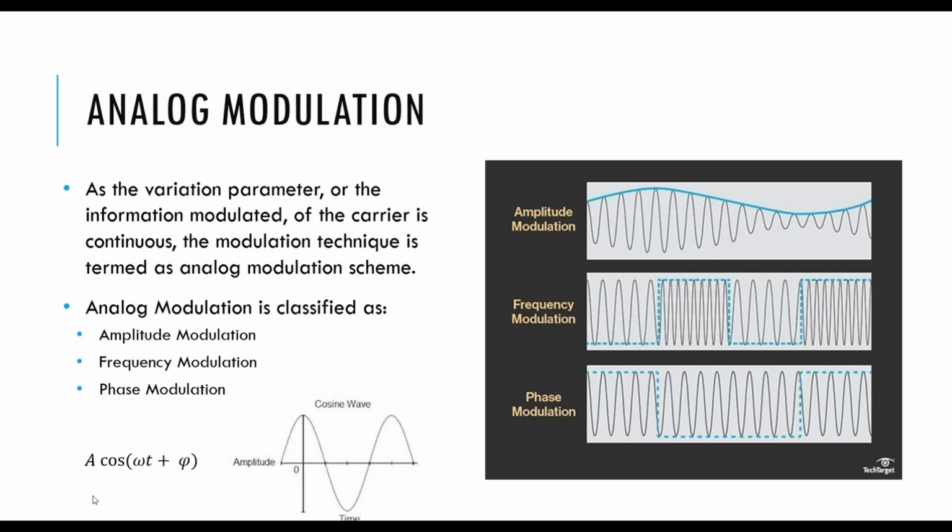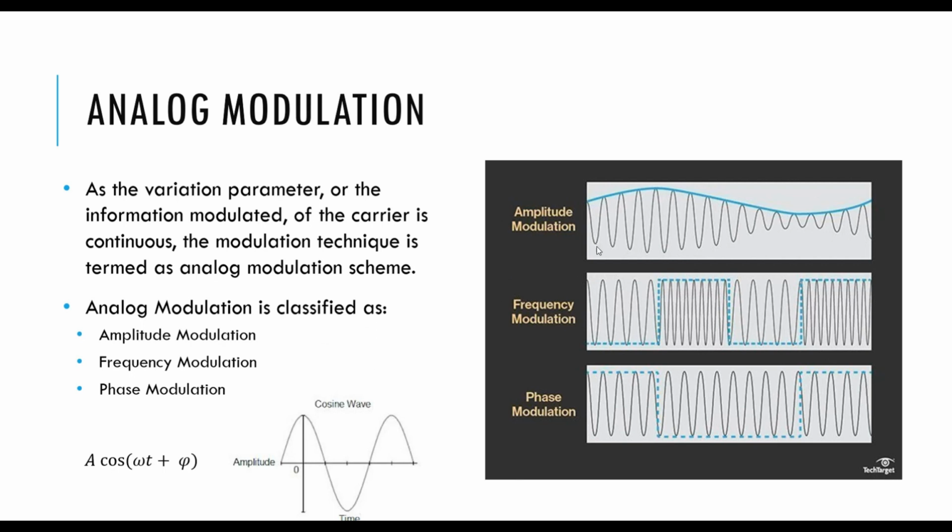So we can vary one of these properties in accordance with the amplitude of the information signal that we want to send. This way, we will have our modulated signal as a signal that conveys the message that we want to send.